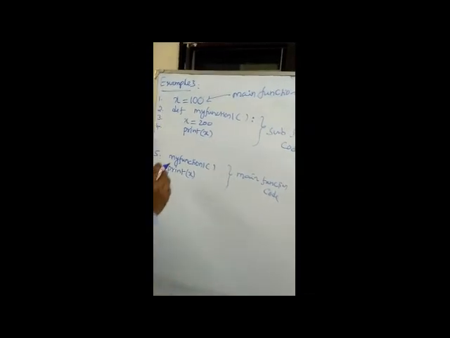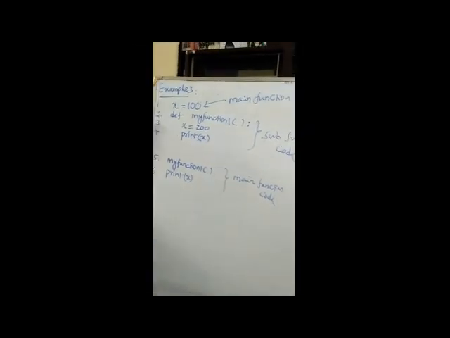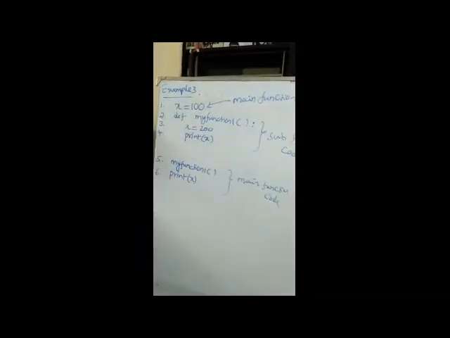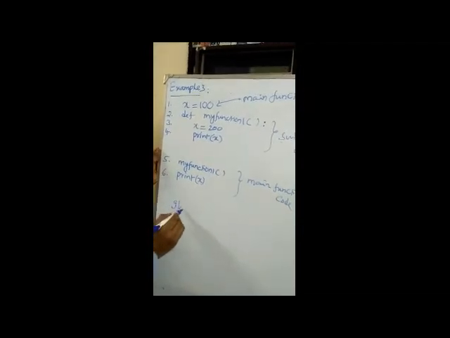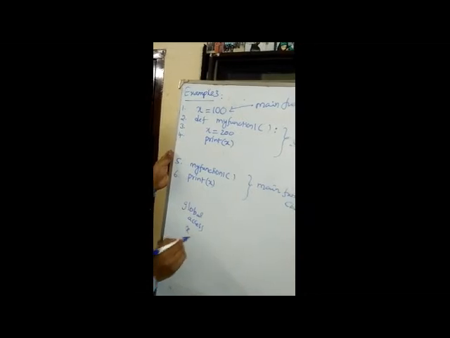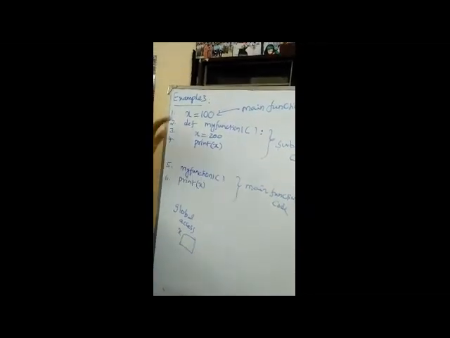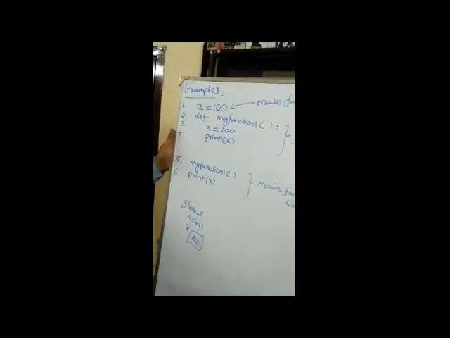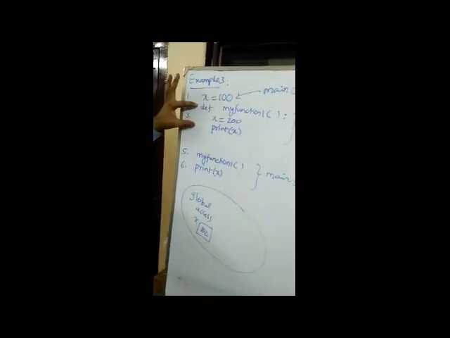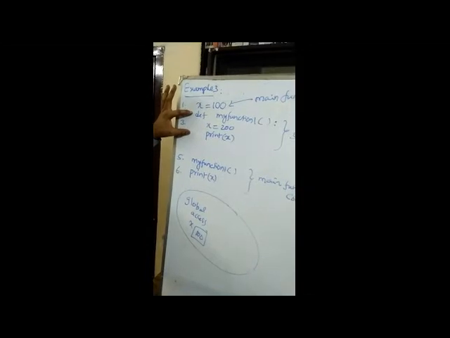Next, when we execute this program, execution starts with line 1. So x is equal to 100. Here x is global, so global access creates one x with 100 value. Next, the statements inside the function are local.